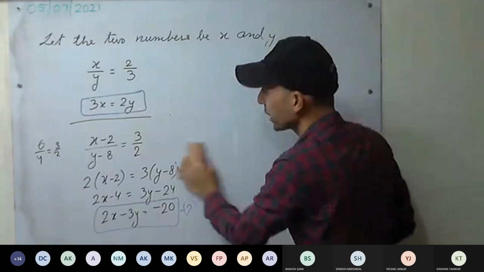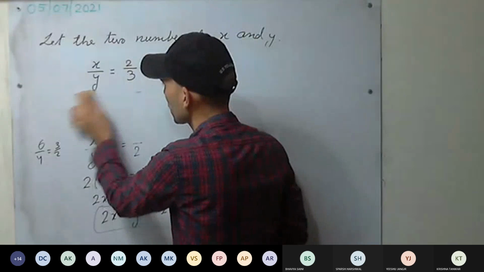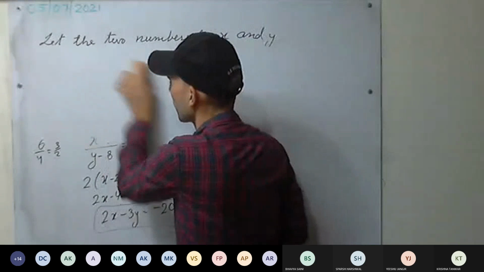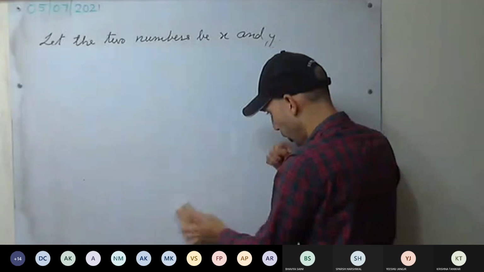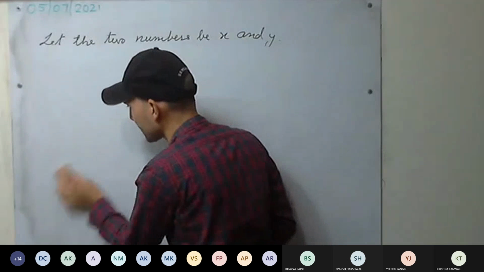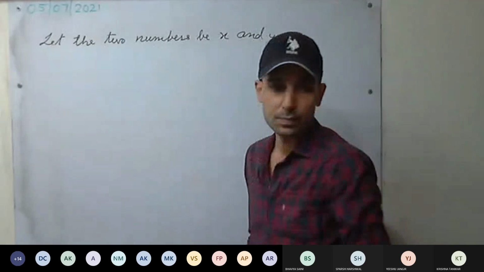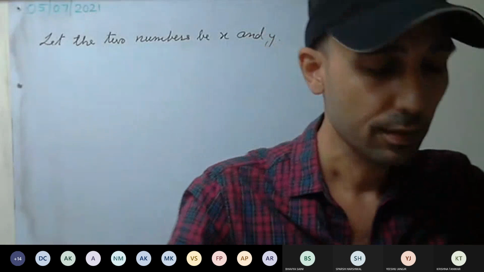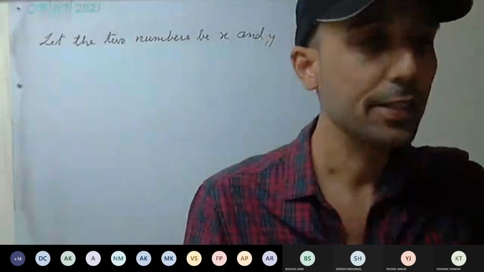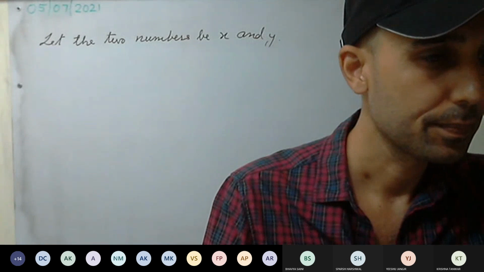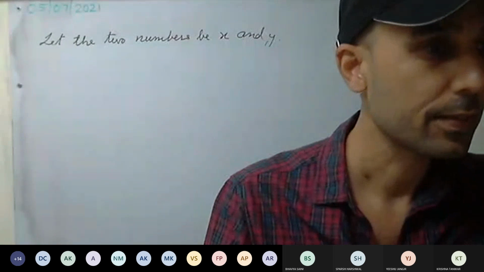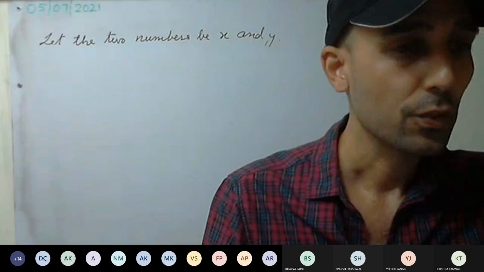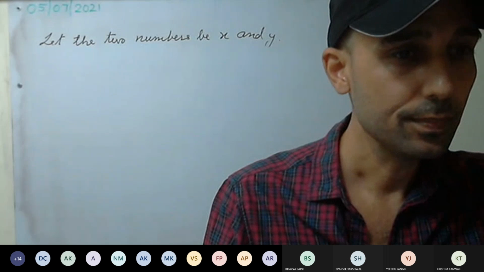So from the very first statement, try to form the equation. Two numbers are in the ratio 4:7. So what will be the equation?